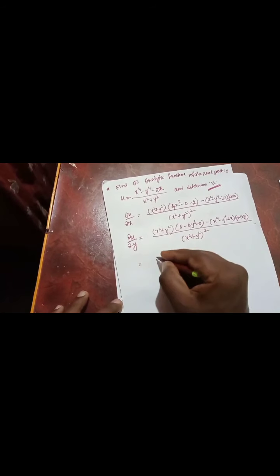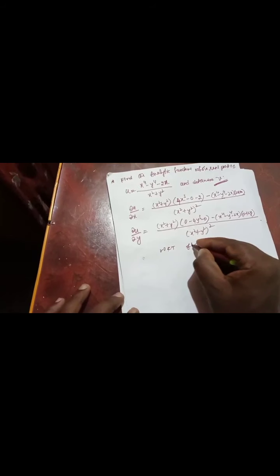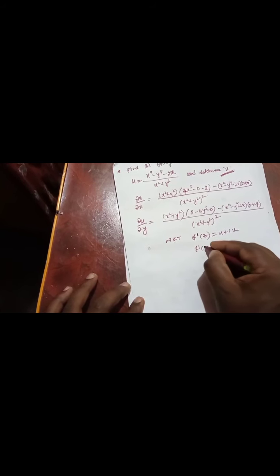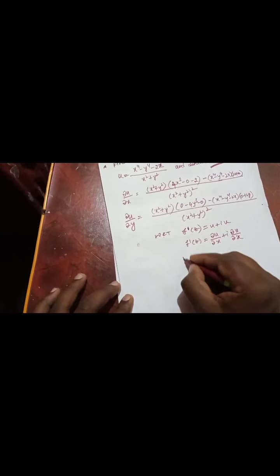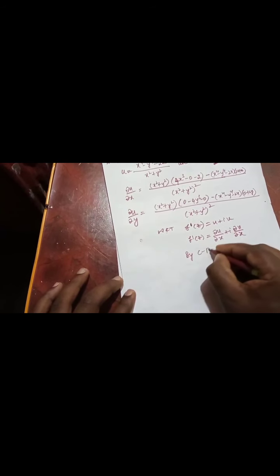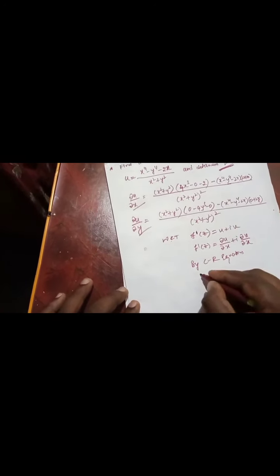So we know that f of z is u plus iv. What is our f dash of z? Differentiate this partially with respect to x, that is dou u by dou x plus i into dou v by dou x. By using CR equations, we have partial derivatives of u with respect to x and y, so we have to change that.